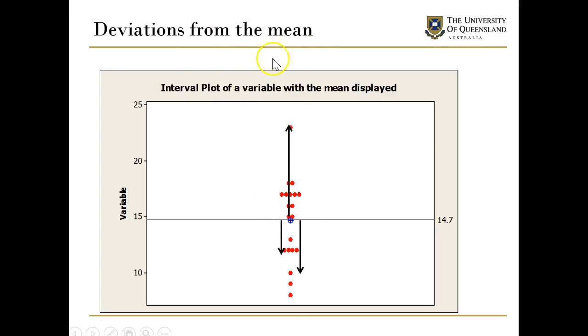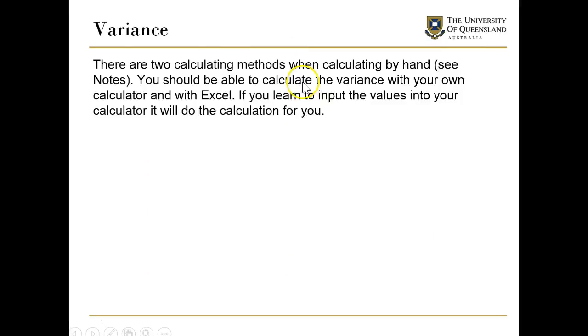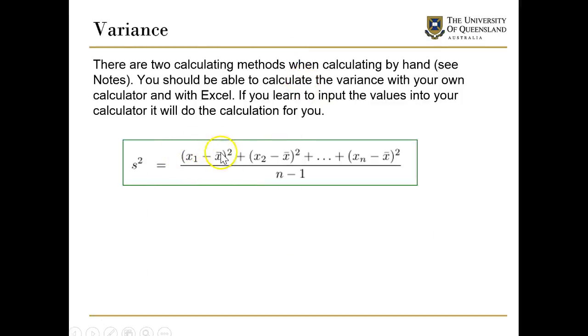Here we're talking about deviations from the mean, and the reason I wanted to put that first is because this is a deviation from the mean. x1 minus x bar, that's a deviation from the mean, that's a deviation from the mean, and so on.